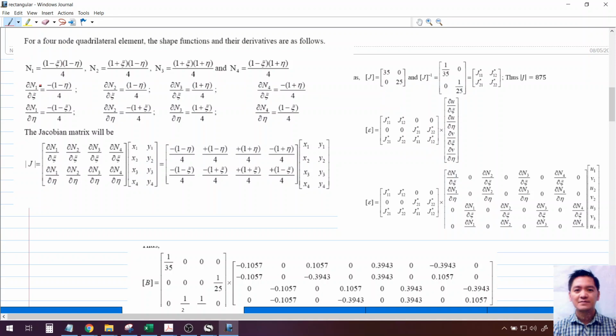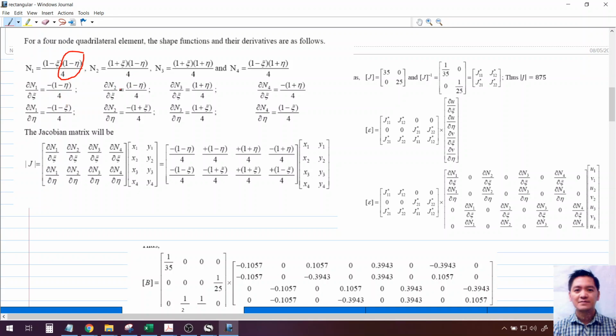Since we are getting dn over dc, so constant itong eta. Okay? So parang ito yung x natin. So 'di ba, ang natitira is the constant. Yan, no? That's why negative 1 minus eta all over 4.